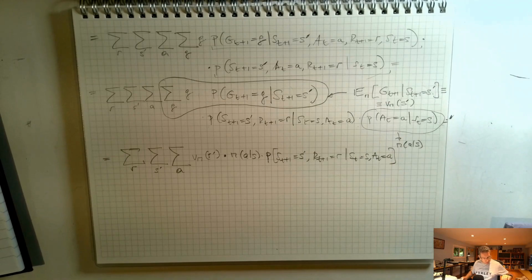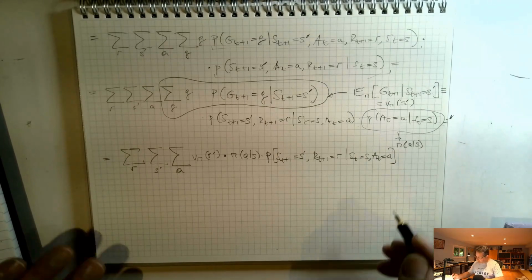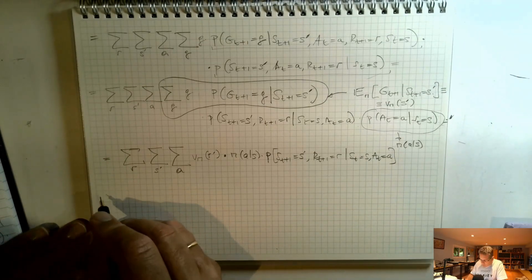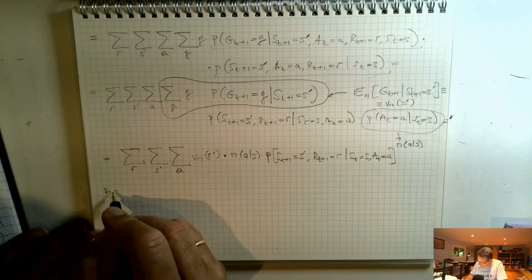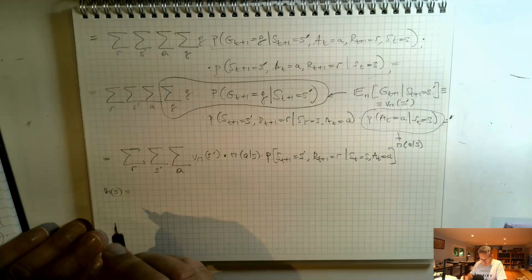And so we can see what we have done. We have the expression v pi of s equal to the first term.